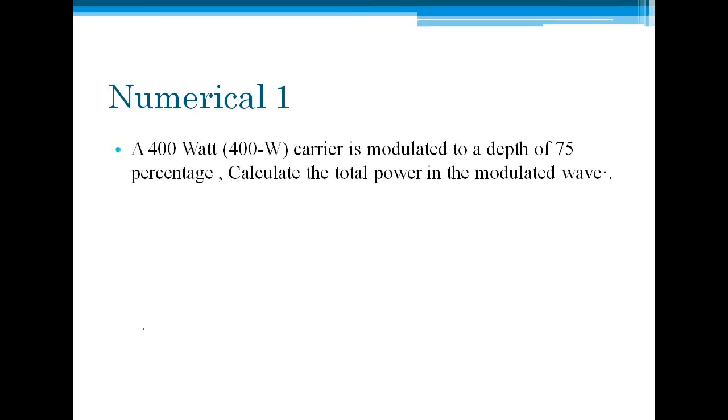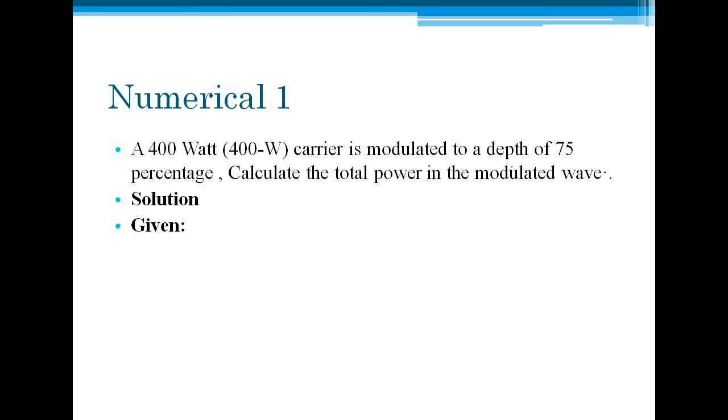Now we are going to solve a few numericals. The first numerical is: a 400 watt carrier is modulated to a depth of 75%. Calculate the total power in the modulated wave. From this numerical, the first part is to extract which parameters are given to us.